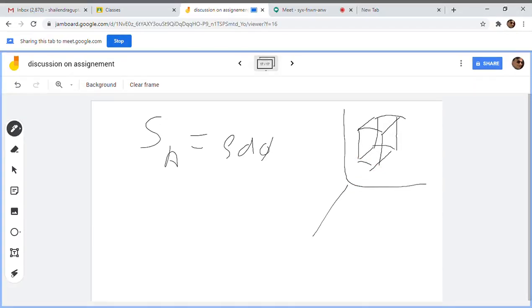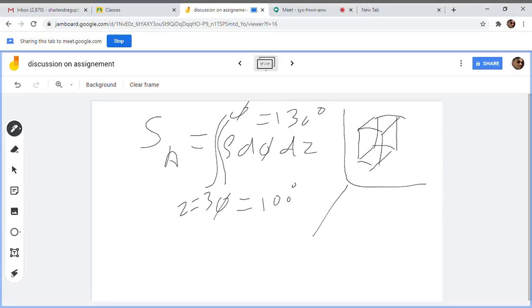Rho is the radial distance, and d phi is the angle, into dz. Phi will lie from 100 degree to 130 degree, and z will lie from 3 to 4.5.